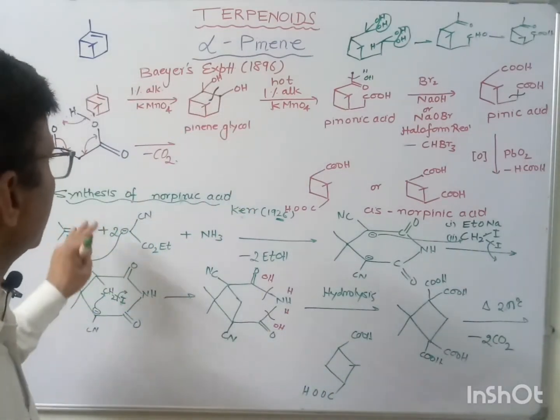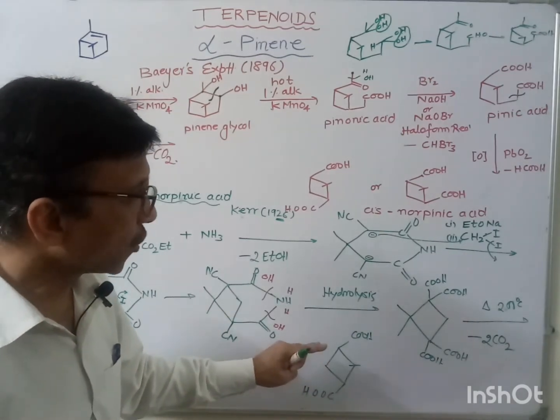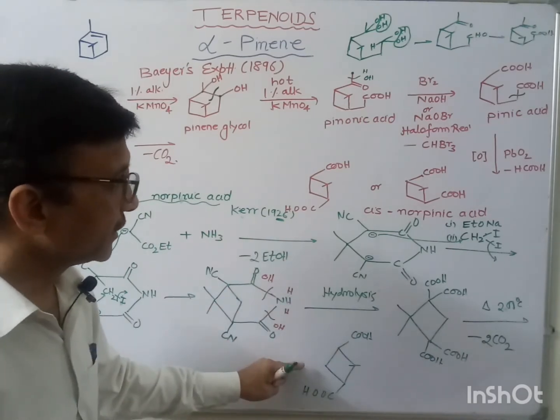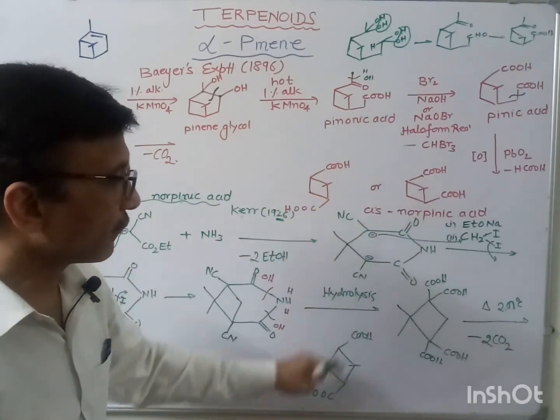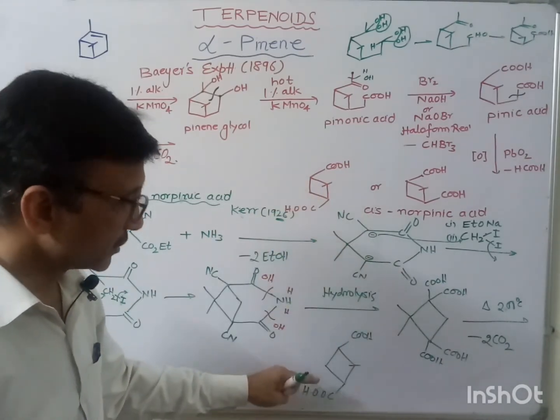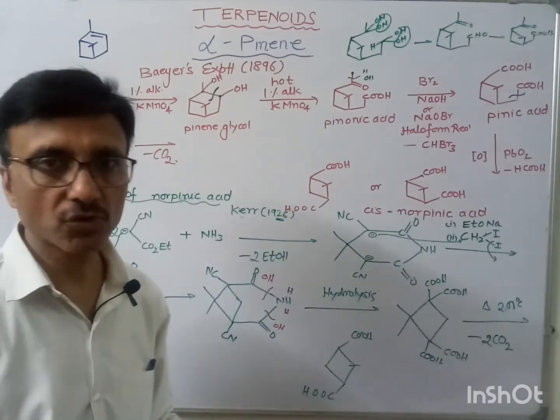So in this way, in this synthesis, finally the norpinic acid was formed, and this had the same chemical properties and molecular formulas, all the same.